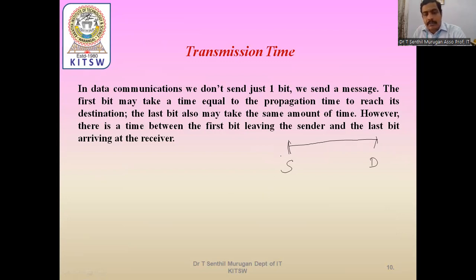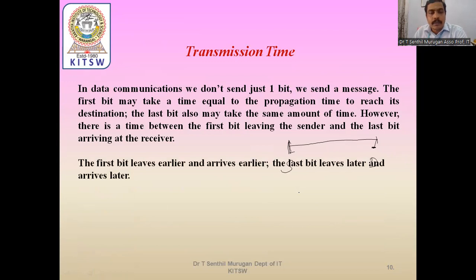However, there is a time between the first bit leaving the sender and the last bit arriving at the receiver. This is the transmission time I already told. The first bit leaves earlier and arrives earlier, the last bit leaves later and arrives later.